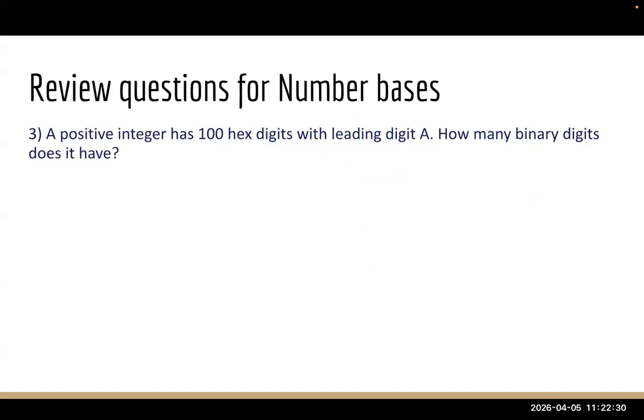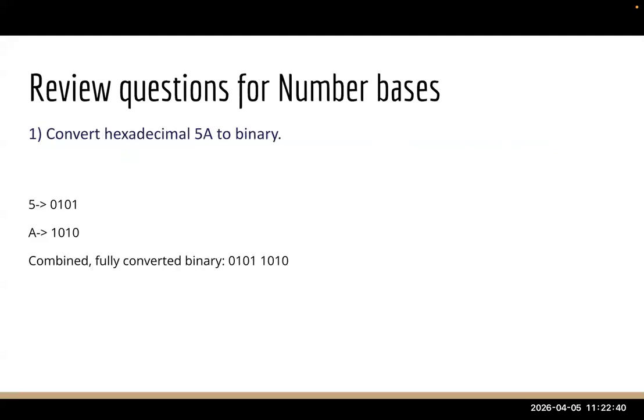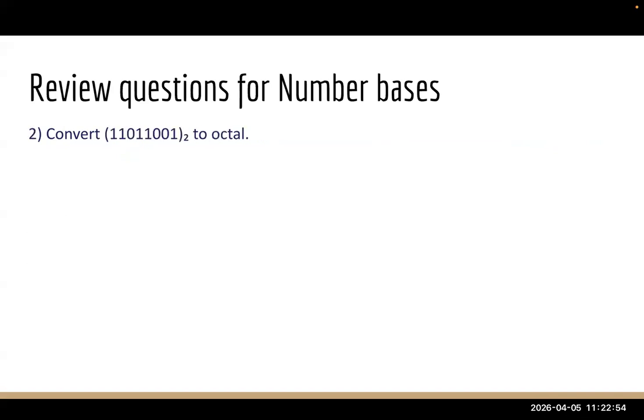Now, a positive integer has 100 hex digits with leading digit A. How many binary digits will it have? Now, if we remember correctly, in one of the previous questions, how we converted from hexadecimal to binary was we separated these two digits and we grouped them in four. In octal, we group them in three. Over here, we convert one digit into four digits.